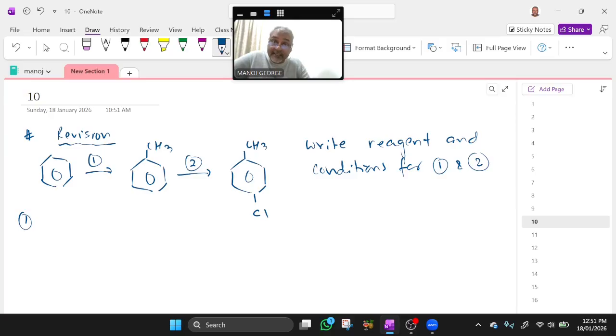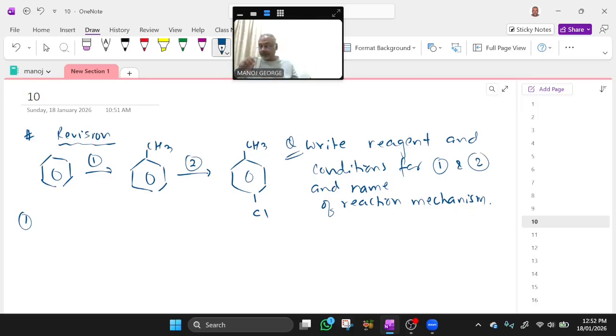A reagent, condition, and the name of the reaction mechanism. Please type done when you finish.